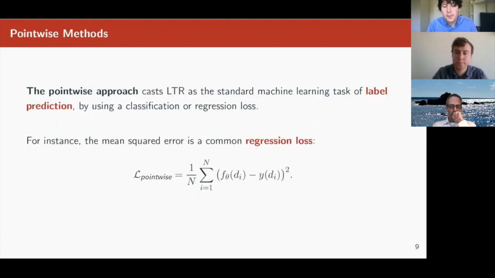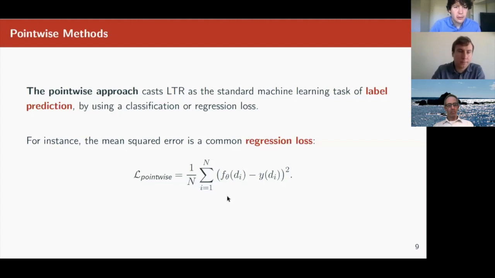All right. The first set of approaches is the pointwise approach. And the pointwise approach really isn't a learning to rank method, as in this is sort of the standard machine learning way of approaching the ranking task through classification or regression. And for instance, as you can see here on the slide, you can use the mean squared error, right?